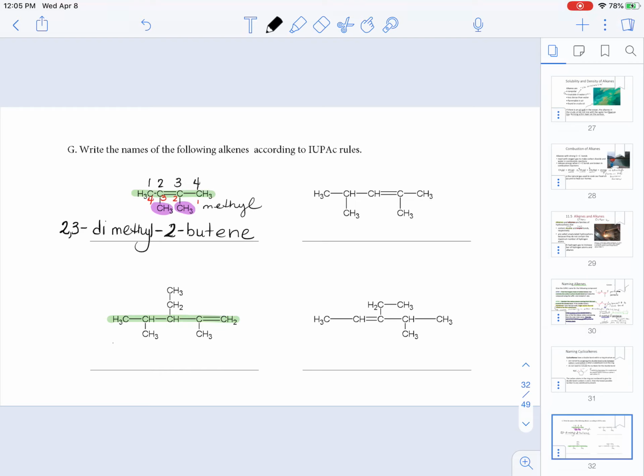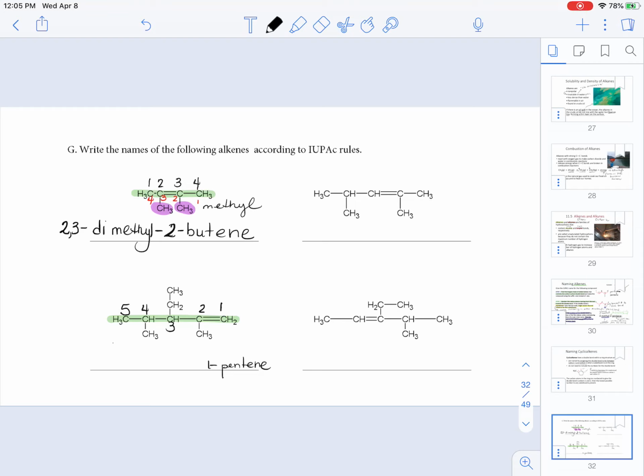So this is carbon 1, carbon 2, carbon 3, carbon 4, and carbon 5. Because this is a carbon-carbon double bond, this is going to be pentene. The double bond is between 1 and 2. That's why this is 1-pentene.